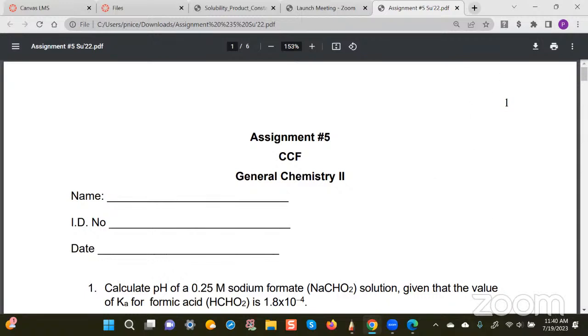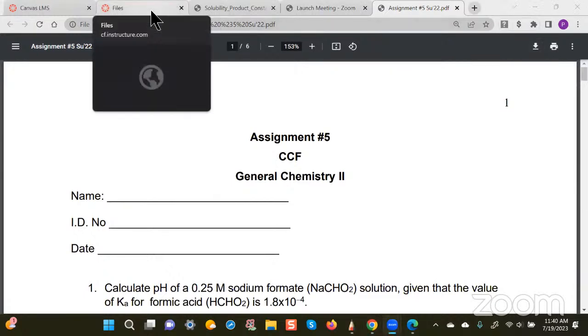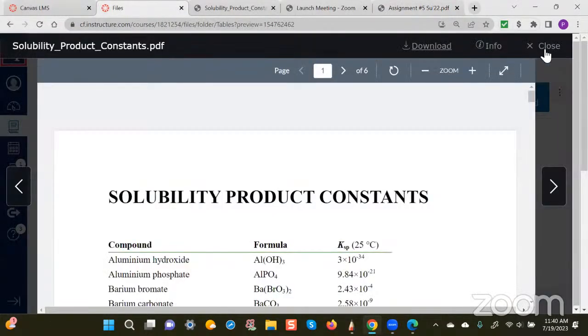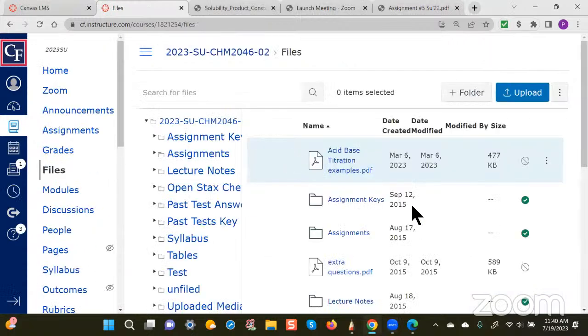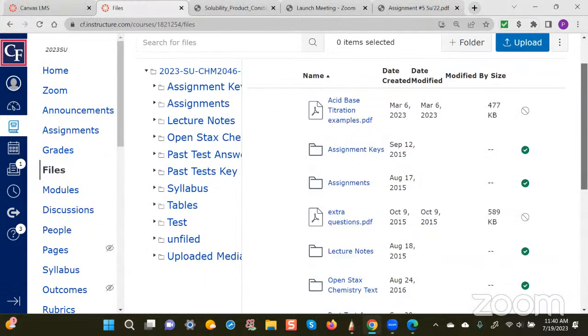Because what I want to do now is basically start off a discussion on the next chapter, which will deal with thermodynamics. Let me get to the PowerPoint here.